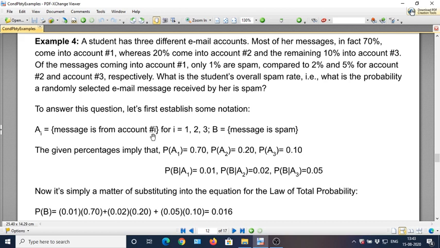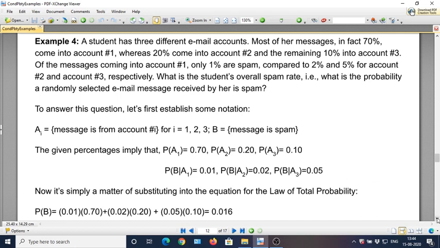And let B be the event that a message is a spam. Then you can easily see that P(A1) is 0.7 because 70% come from it, P(A2) is 0.2, P(A3) is 0.1, and P(B given A1), that is the message is spam given that it came from account 1, is 0.01 because 1%. 2% boils down to P(B given A2) is 0.02 and so on.